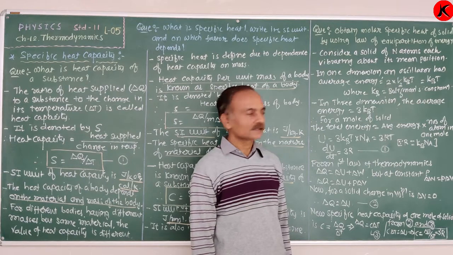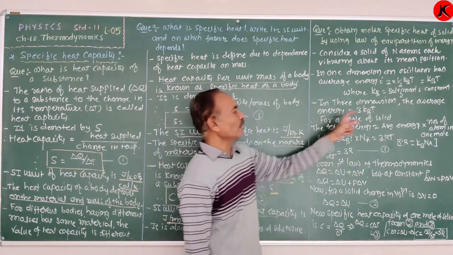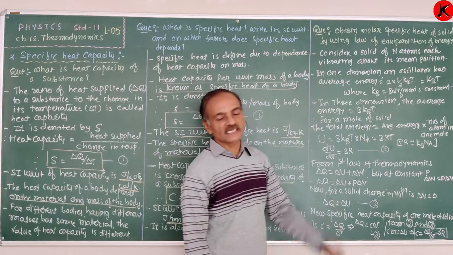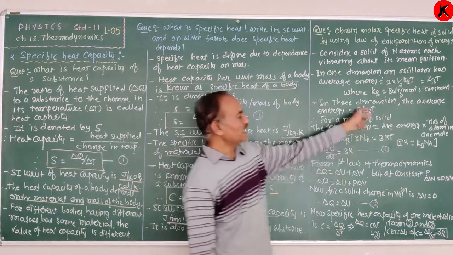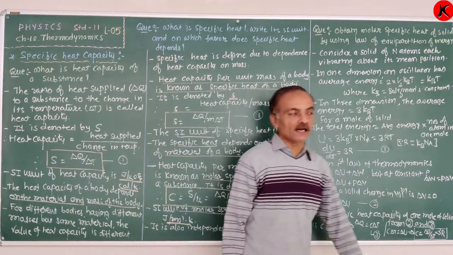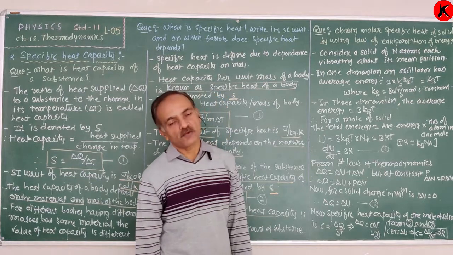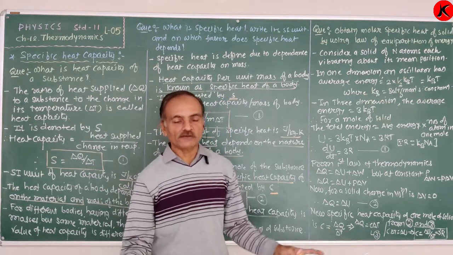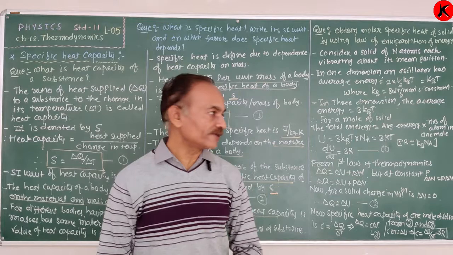Clear? Okay. Now for a mole of solid, the total energy is equal to the average energy into the number of atoms in 1 mole. The number of atoms in 1 mole is equal to the Avogadro number.